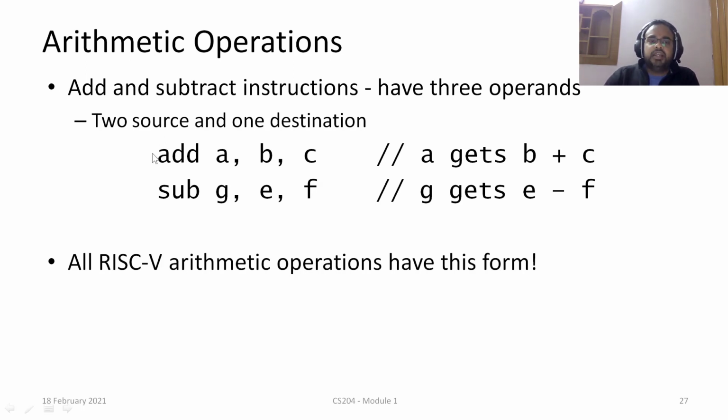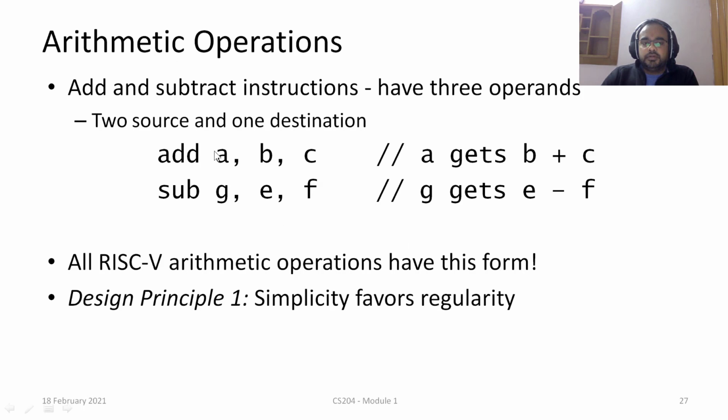For example, here ADD represents addition, SUB represents subtraction. So these short forms ADD and SUB are called mnemonics. And for let's say multiplication, you would use MUL. For division, we would use DIV, etc. So these are called mnemonics.